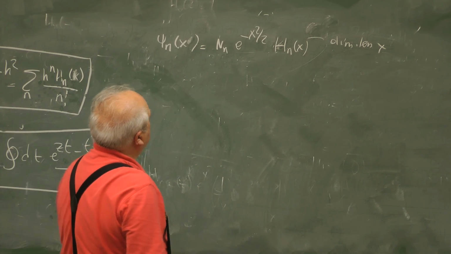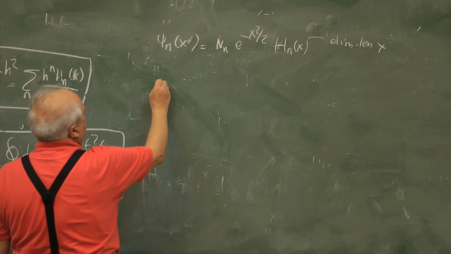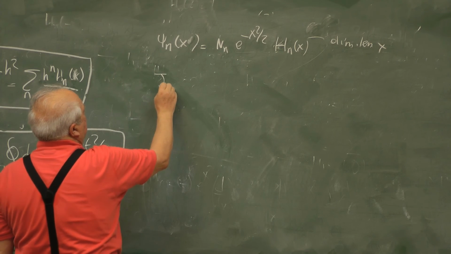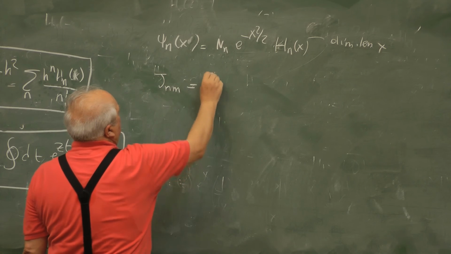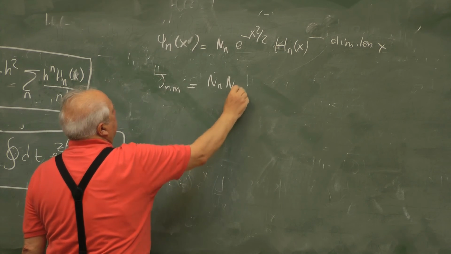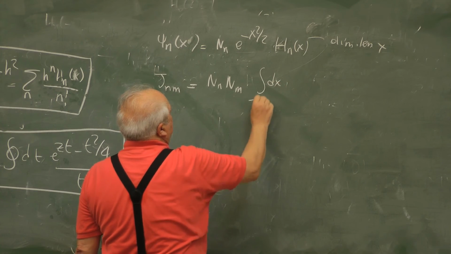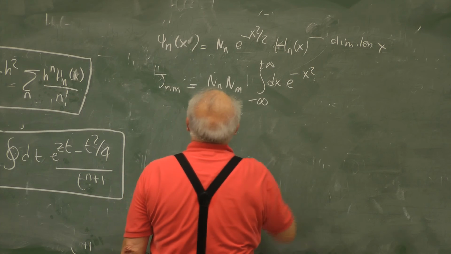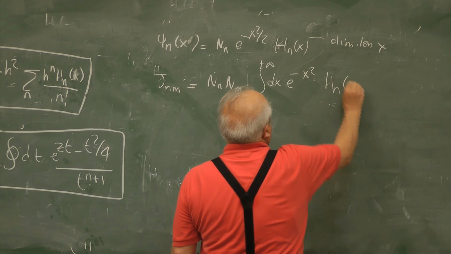So we would like to learn about this integral I_nm, which is equal to the integral from minus infinity to plus infinity dx of e to the minus x squared times h_n(x) h_m(x).